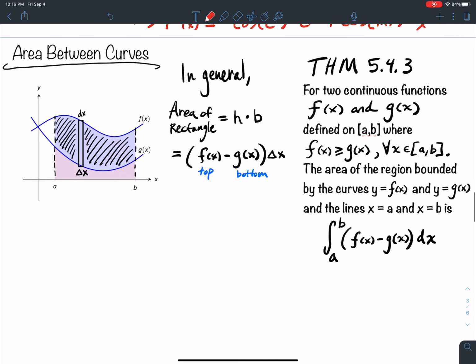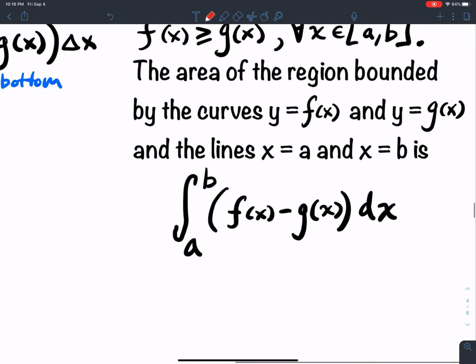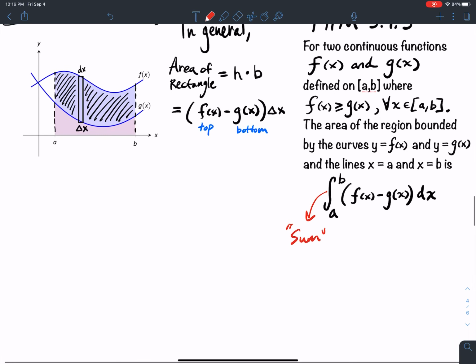So remember, in integration, this elongated s, you remember what that stands for? That's the sum, right? It's a sophisticated way to say, hey, I want you to go add all the areas of the rectangles. So how do I know it's the area of a rectangle? Well, this is the height times the base, right?